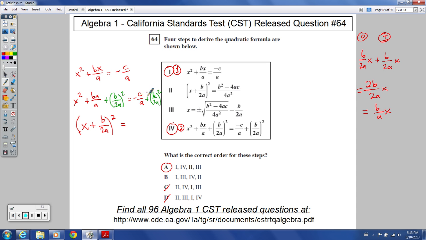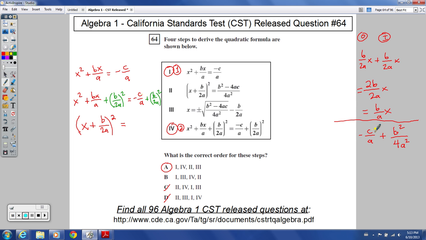Over here, let's think of this a little more broken apart. I was trying to do a little bit too much at once earlier. So b over 2a squared would be b squared on the top, and then 2a times itself on the bottom would be 4a squared. To combine these two things together, we would need a common denominator. That's not showing up very well. Let's try yellow instead.